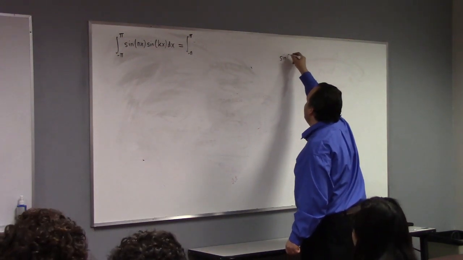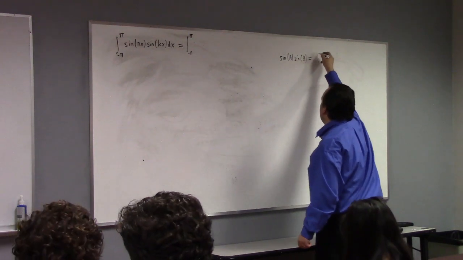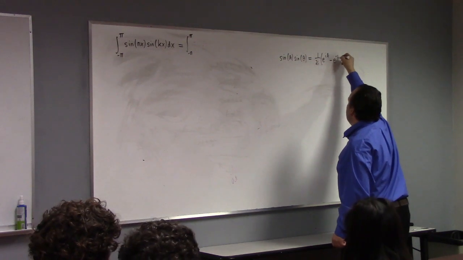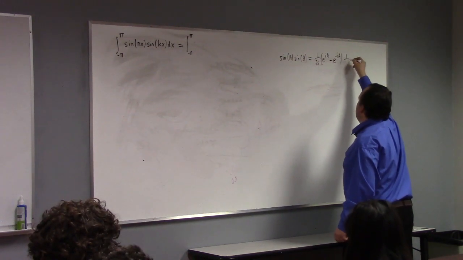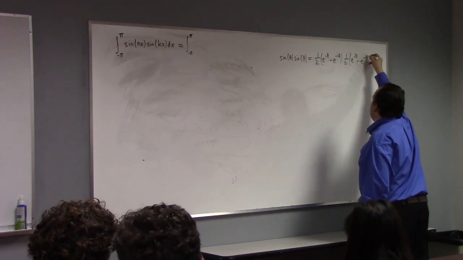Let's see here. So if we have sine of a, sine of b, that's 1 over 2i (e to the ia minus e to the minus ia), 1 over 2i (e to the ib minus e to the minus ib).